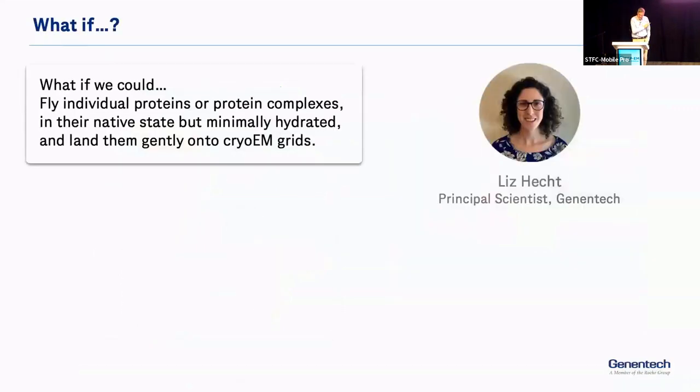A few years ago, my colleague Liz Hecht, who's a mass spectrometrist at Genentech, came to me and basically said, what if I could fly for you individual proteins, each suspended in a tiny nano droplet of solution, keep it hydrated all the way, and then land it softly on a grid that you would tell me how to keep cool and transfer to the microscope.